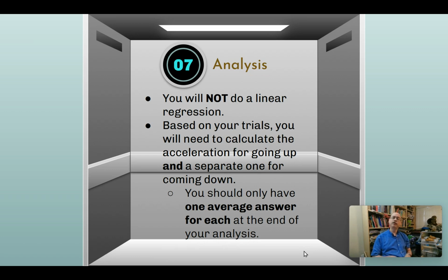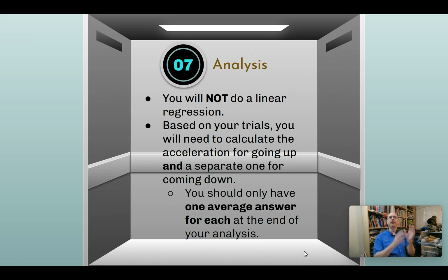Now, I quite often get asked, when do we take averages and stuff like that? You should never do averages until the very end, because anytime we start doing things like averages, we're rounding things off typically. So if you did 3 trials up and 3 trials coming down, I should see that you have done 3 separate calculations for going up and 3 separate calculations for going down, 3 different accelerations for each.